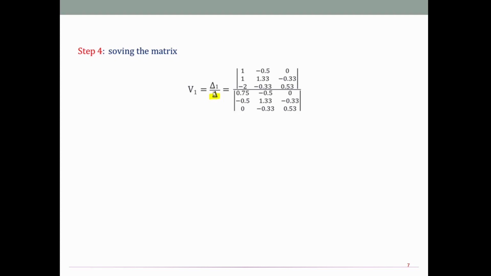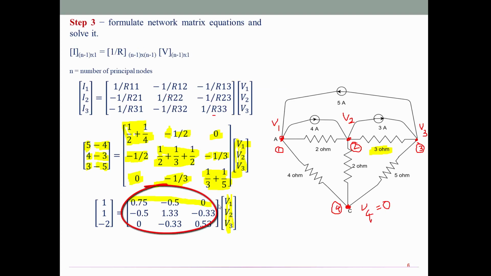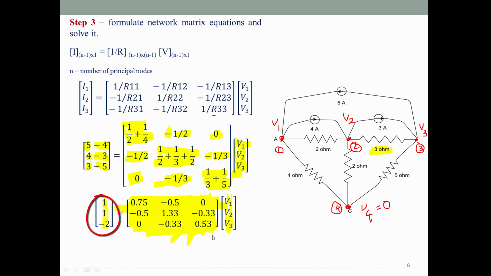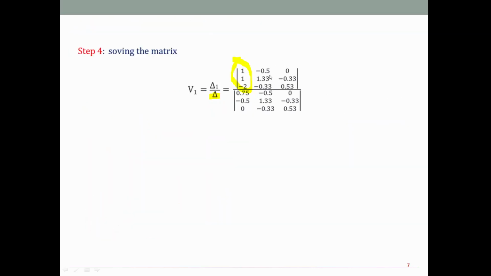V1 is del 1 by del, where del is determinant of inverse resistance matrix, and del 1 is determinant of inverse resistance matrix, but the first column alone replaced by your current vector. Then find out determinant of both numerator and denominator and divide it. You may get final answer as 1.6684 volt.